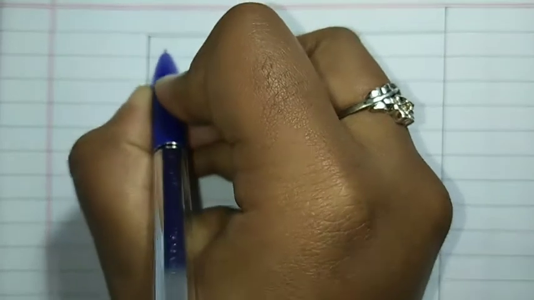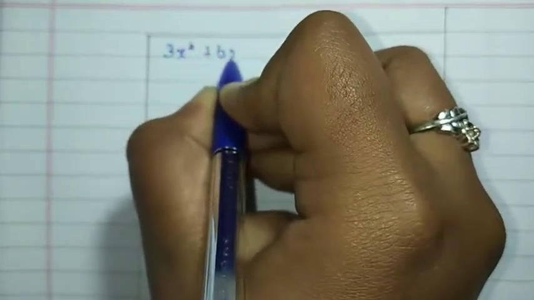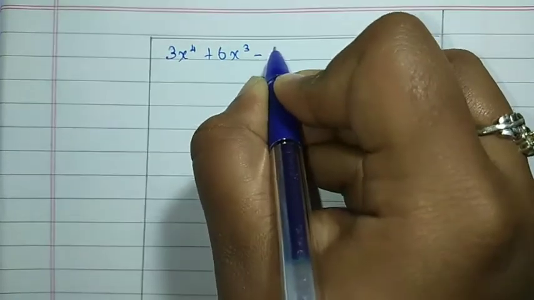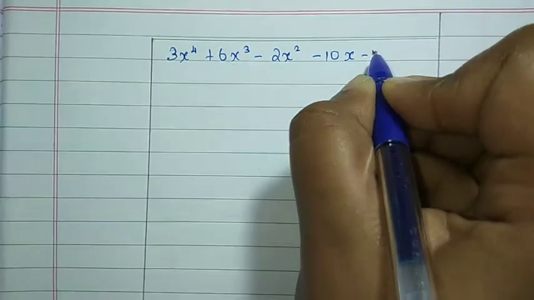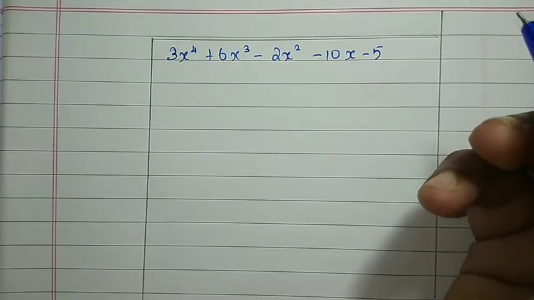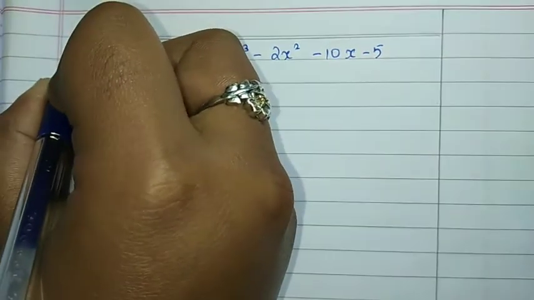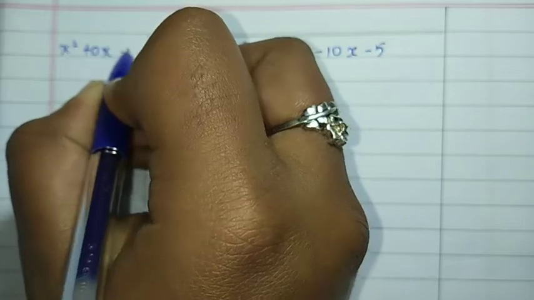So what is my p of x? 3x⁴ + 6x³ − 2x² − 10x − 5. This is my p of x. What was my g of x that I found? It was x² + 0x − 5/3.